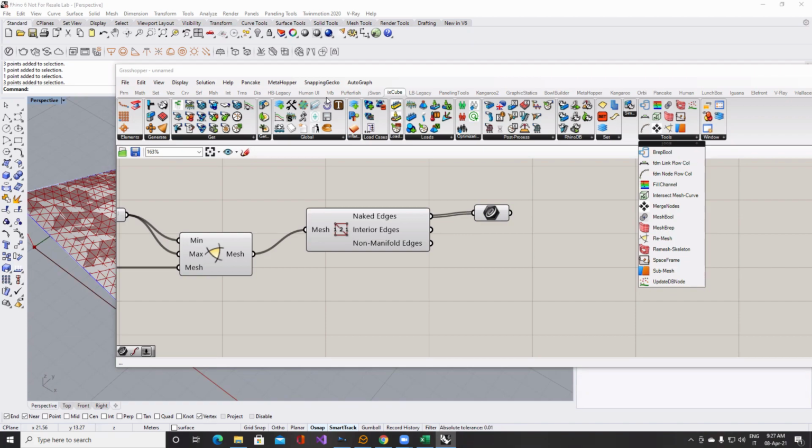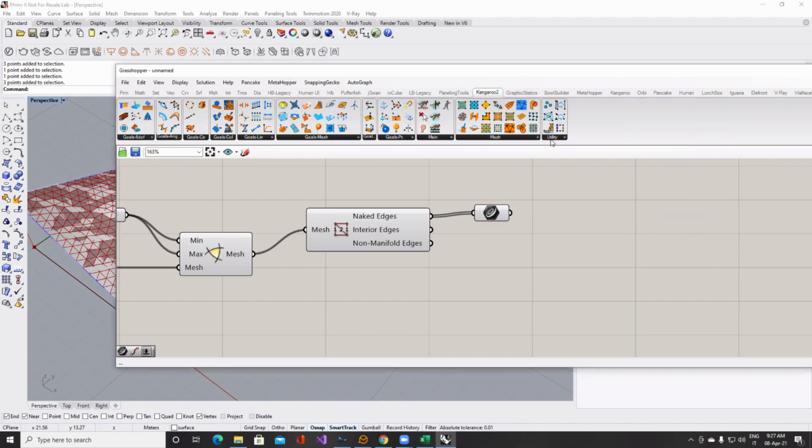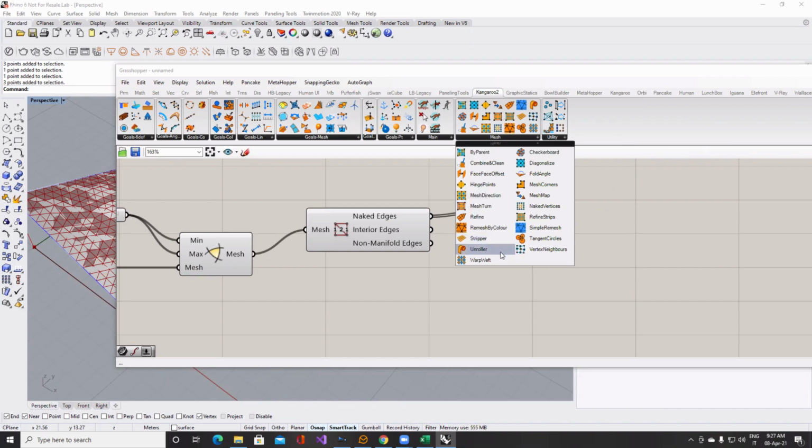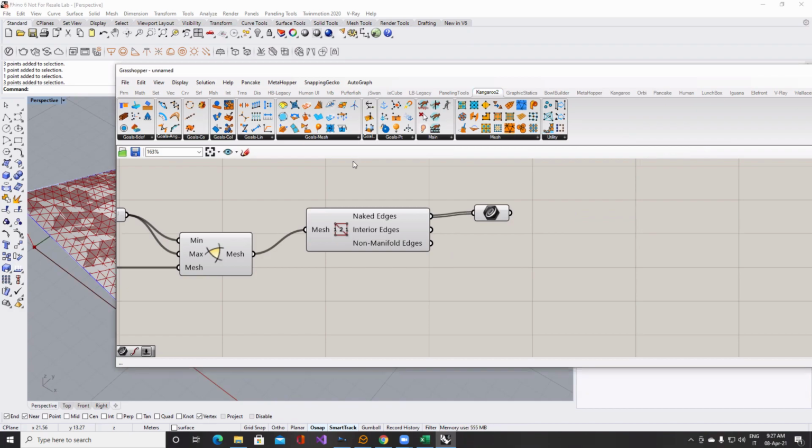Let's see, in Kangaroo, there is a tool. Mesh corners. No, there's no tool. It doesn't matter.